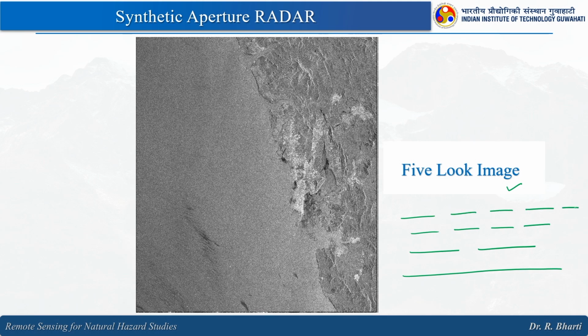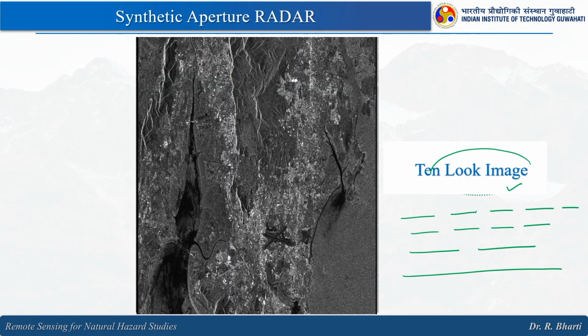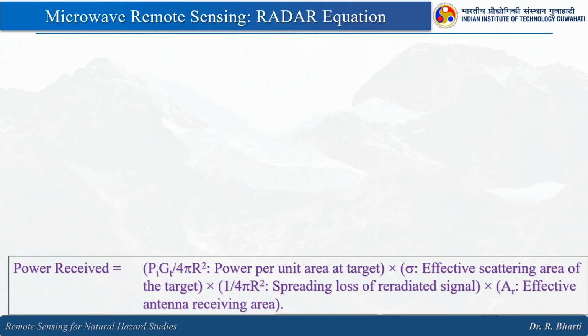You can see how the image appears when you change the look. This is 10 look. Now, you see your target. This is just an example of how synthetic aperture radar works, how the look improves, and how you want to utilize this information in your study.